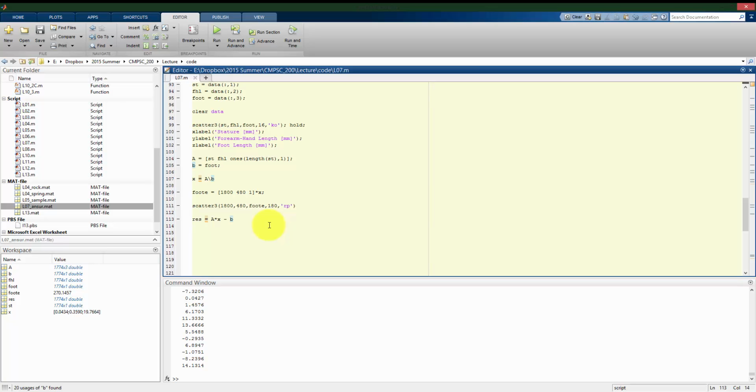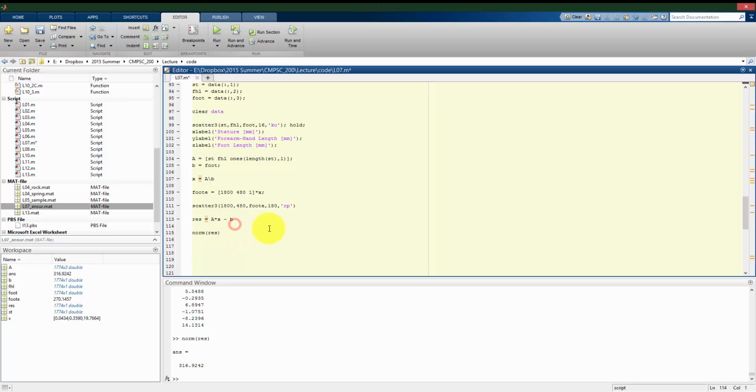The plane best fits our data, which means that the residual, or really more specifically the norm of the residual, is going to be at the minimum possible value. This is the plane that makes this as small as it possibly can be. So this is the smallest the norm of the residual can be.